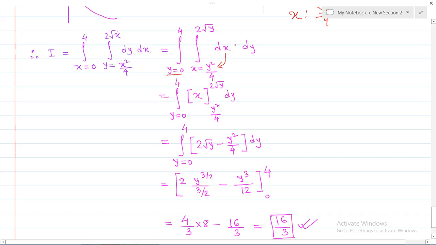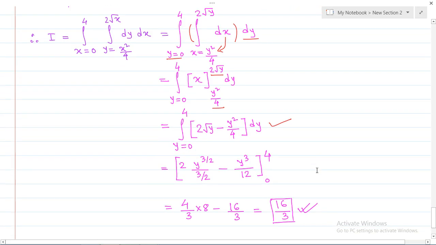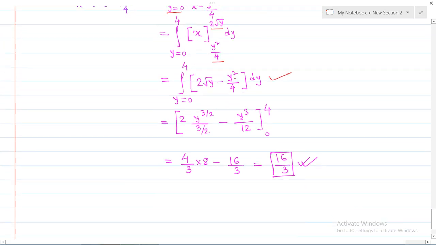So first we have to integrate with respect to dx, and thereafter with respect to dy. Since no function is there, we will treat the function as 1 only. So integration of dx is x. We have to substitute the limit: 2 root over of y minus y square by 4. Now everything is coming in terms of y only, so we can integrate this with respect to y and put the limit of y as 0 to 4.